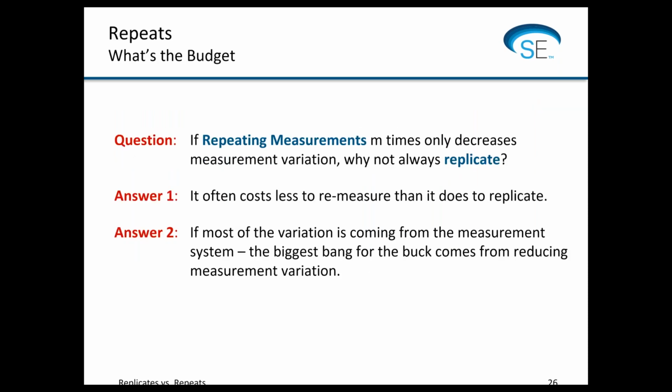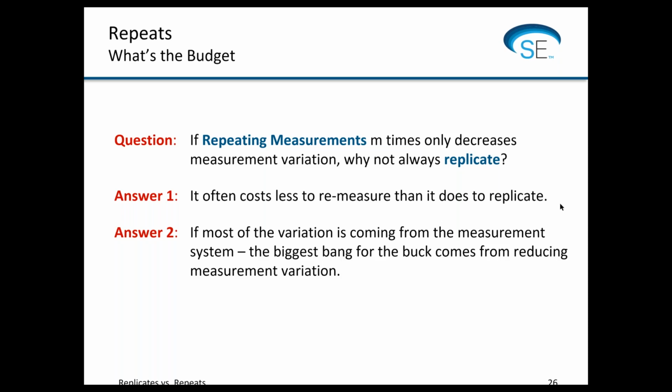So if repeating the measurement M times only decreases the measurement variation, why not always replicate? Well, it almost always costs less to remeasure than it does to replicate. I'd say it always costs less because if you replicate the run, you're remeasuring anyhow. Right? You've got to measure it in the first one, you've got to measure it in the second one.